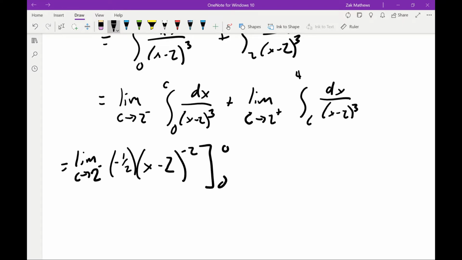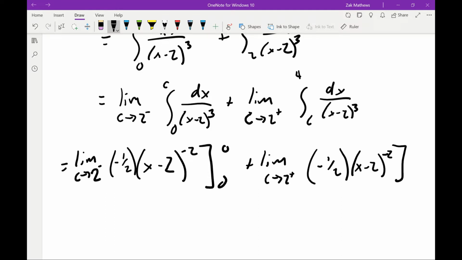I need to have that limit statement still because we have not evaluated that at all. And then I'm going to add to that the limit as c goes to 2 from the right of, this will be the same exact thing. We'll have negative 1/2 x minus 2 to the negative 2. But we're going to evaluate this one from, this should have been 0 to c, and this one should be c to 4.